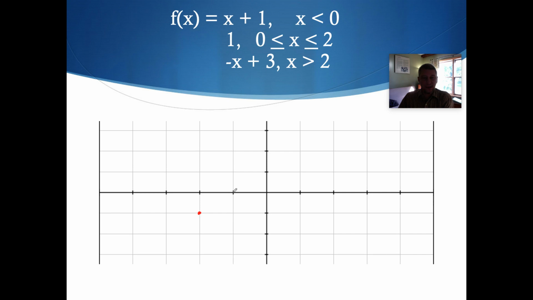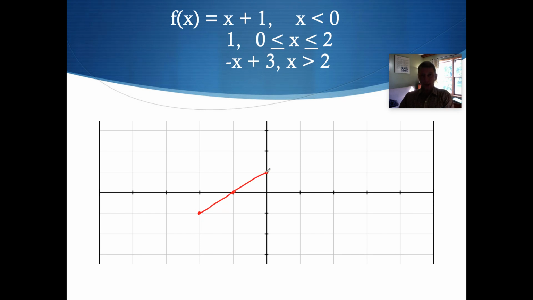If x is -1, y is going to be 0. If x is approaching 0, y is going to be a value of 1. So the first portion of the graph is going to look like this.